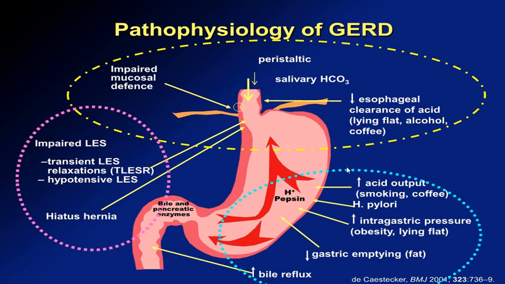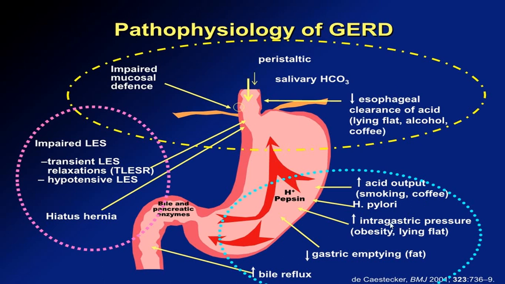As far as stomach factors are concerned, there is increased acid output because of smoking, coffee, NSAIDs, aspirin, steroids, etc. Even H. pylori infection is responsible for that.